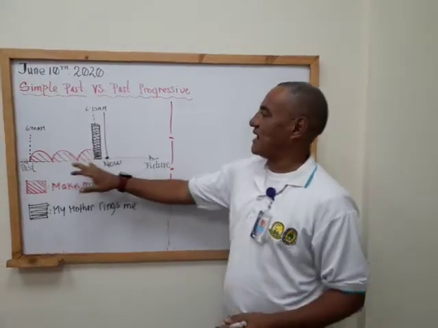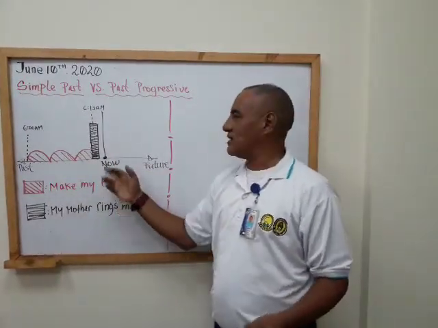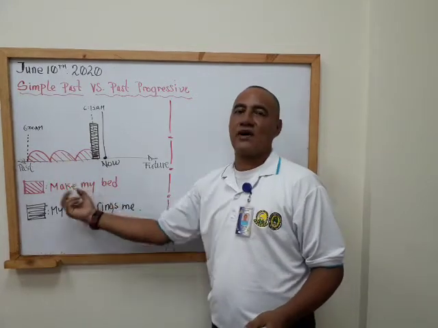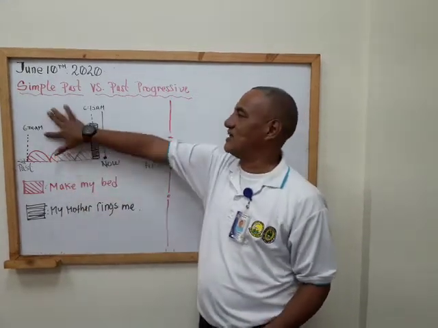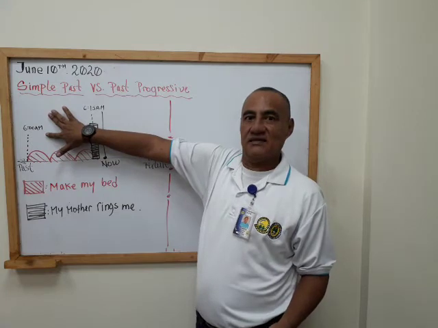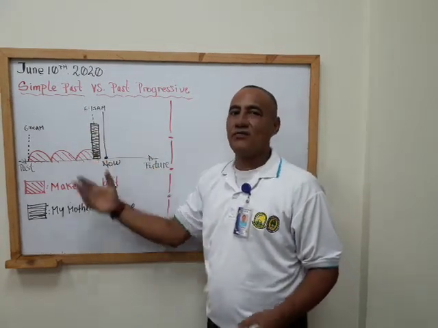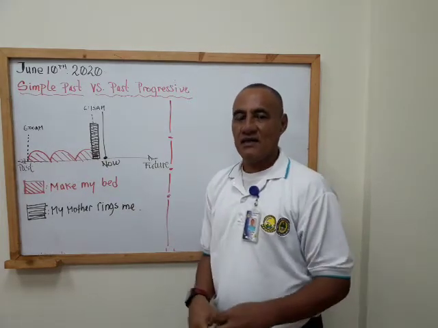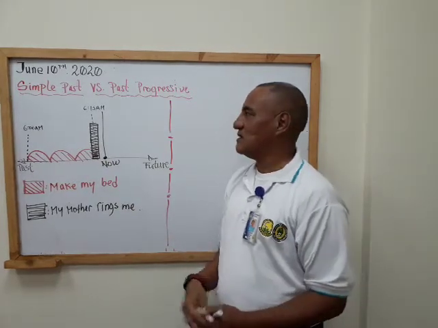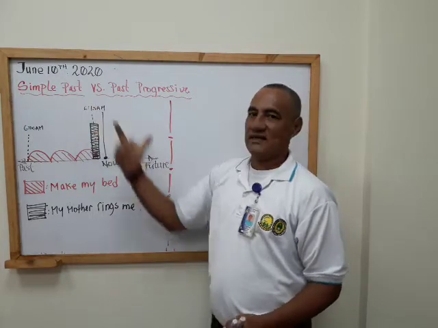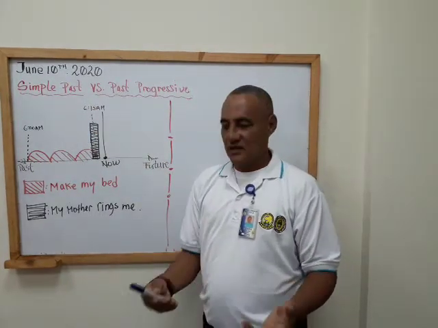Entonces, como pueden ver acá, hay dos tipos de acciones, una que está en progreso, una que ya venía sucediendo desde las 6 de la mañana, y hay otra actividad que interrumpe aquella que ya venía en progreso. ¿Sí? That is the last application that we are going to study.